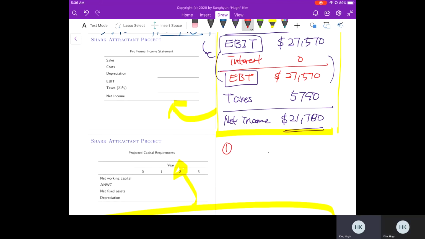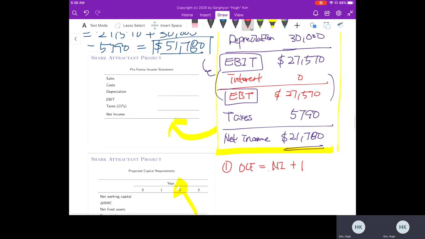So here, the OCF is net income plus depreciation. So 21,780 plus 30,000. So this is equal to $51,780, which is the same as what we calculated before. So this alternative definition actually works.